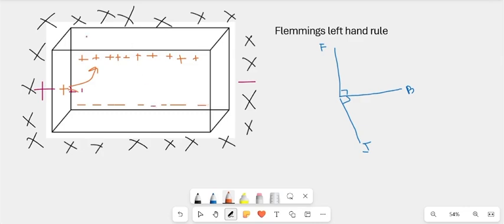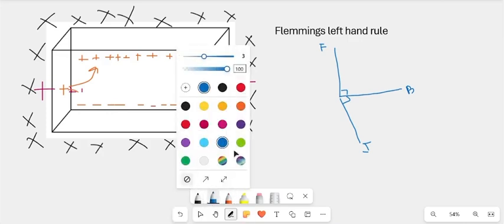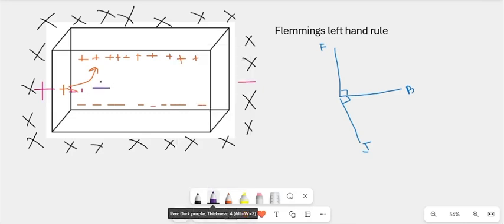After a while, when there's enough accumulation of positive charge and negative charge, let's assume we get another positive charge, so a new positive charge entered. Now there are two forces acting on it. Why?